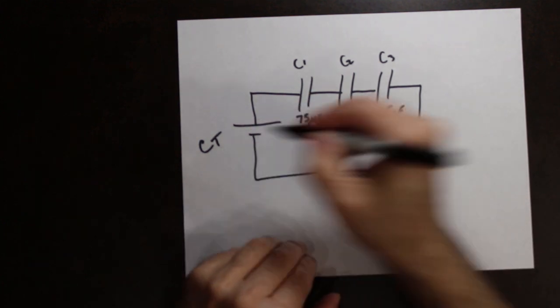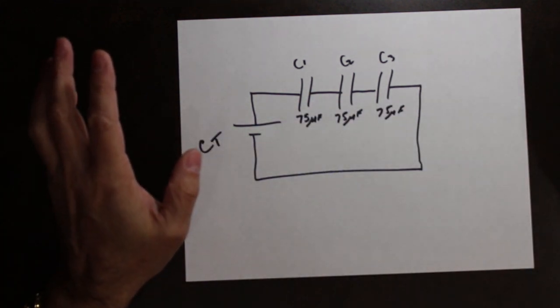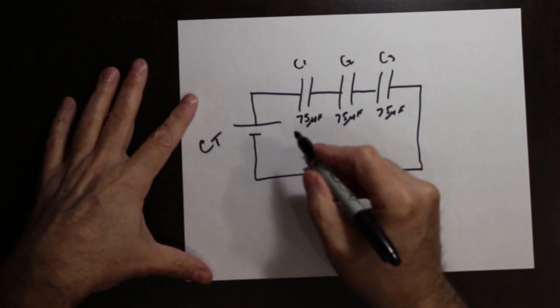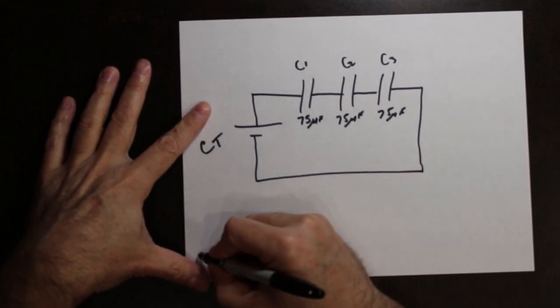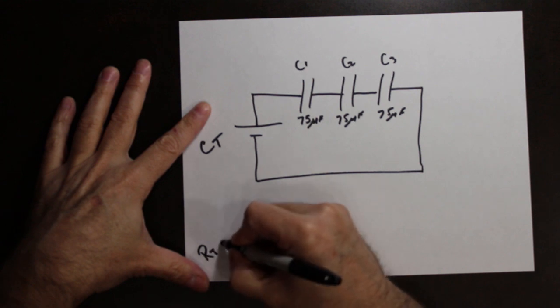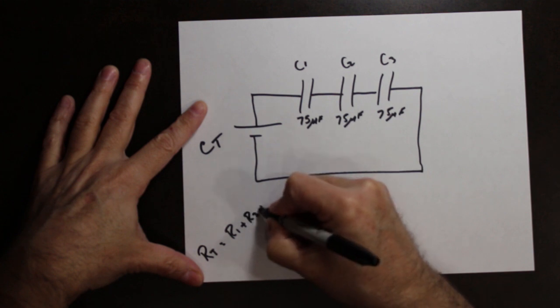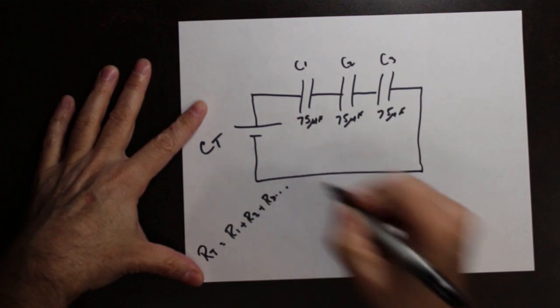I want to look at C total of that circuit. If we looked at resistors in series, we know resistors in series is R1 plus R2 plus R3, etc.